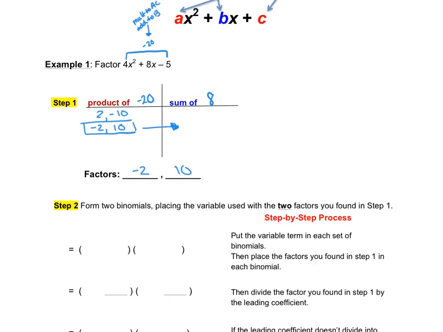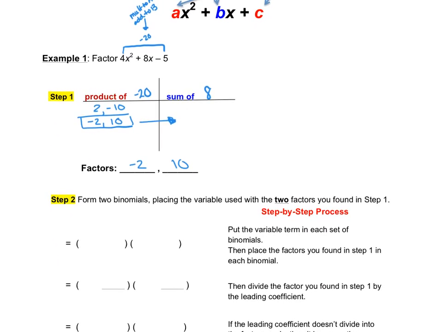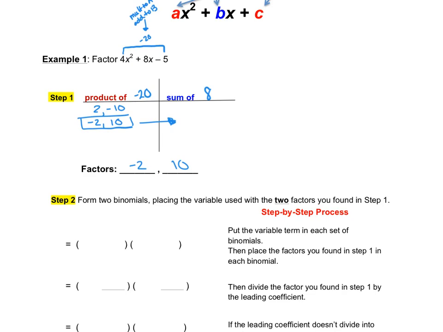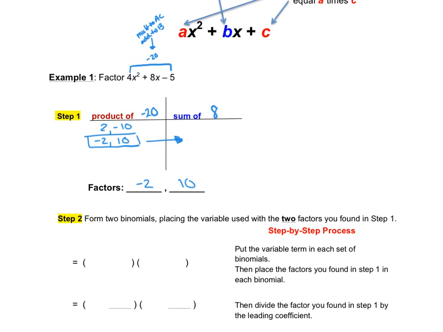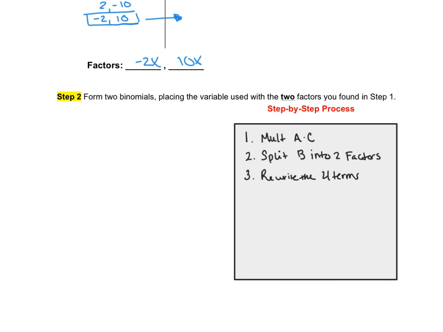Step 2, we're going to form two binomials, placing the variable used with the two factors you found in step 1. So instead of writing 8x, we're going to break this down to negative 2x plus 10x, the two factors that we found. I wrote down the steps for you on the side.